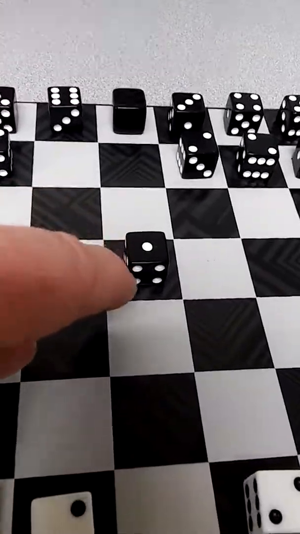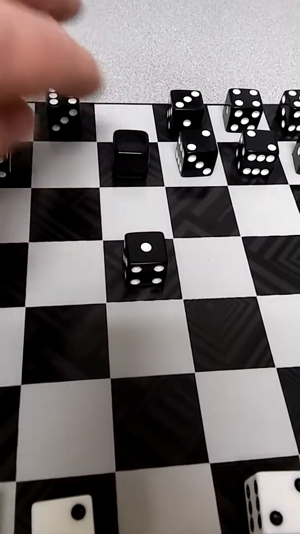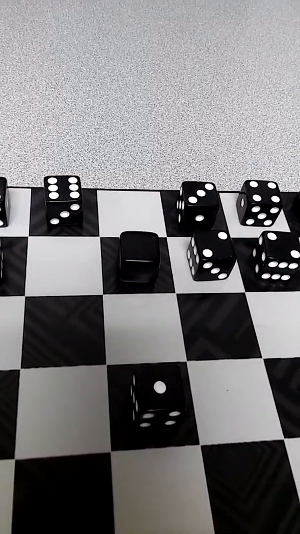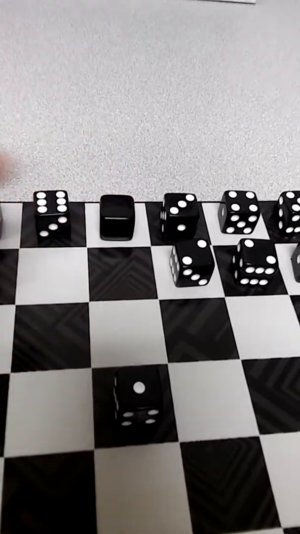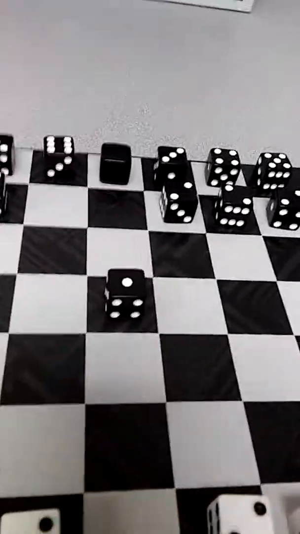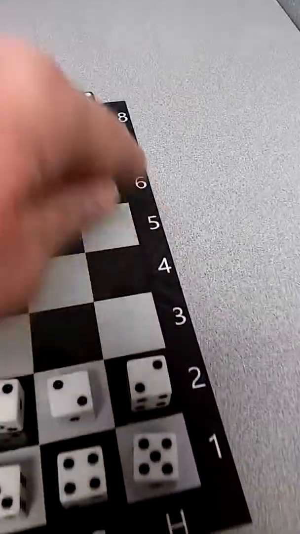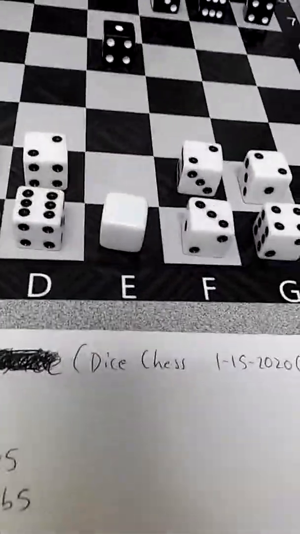But you could still see the black dice nicely because they have the white spots. I guess you can't see this very nicely, but it reflects off the light so you can still see that it's there. But anyway, I won't quibble too much about the color. But I modified the board by putting these on there. And these were not there. So that way when I'm recording a game, it makes it easier for me to record the moves that occurred.